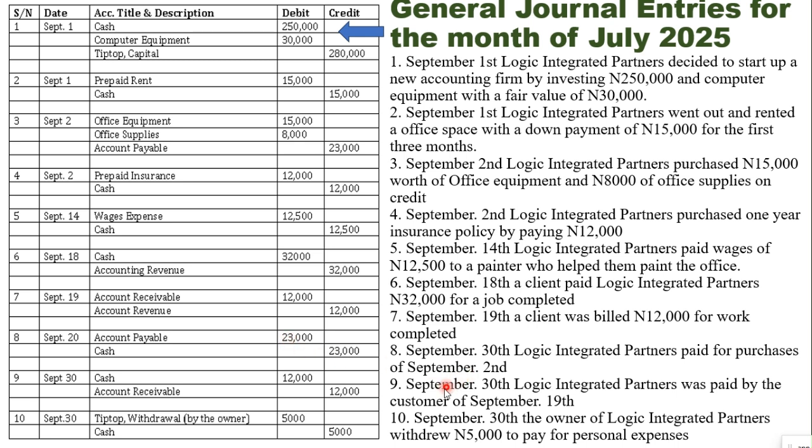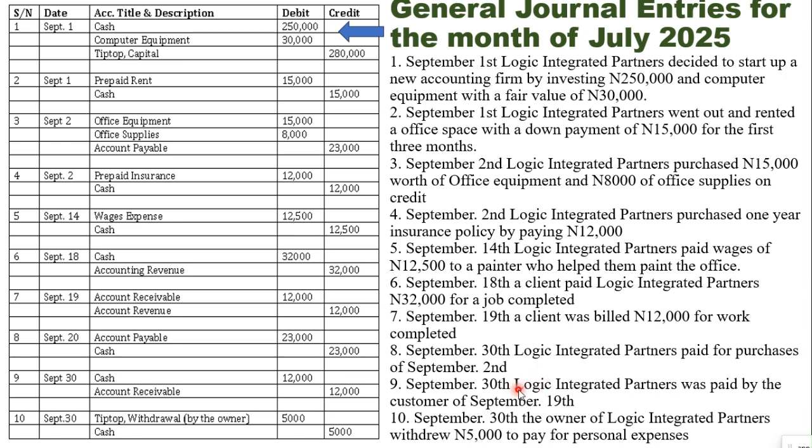So in number 9, September 30th, Logic Integrated Partners was paid by the customer of September 19th. September 19th here is number 7, where a client was billed 12,000 naira. This time around, the client has paid.